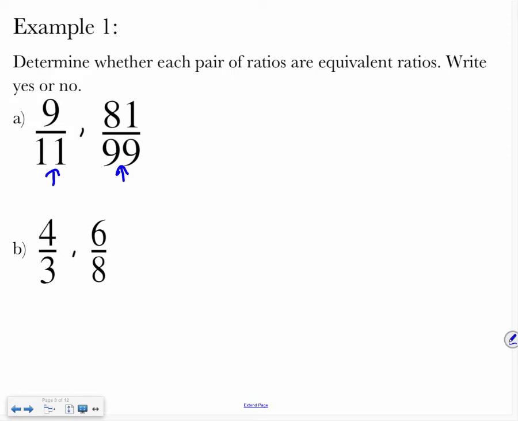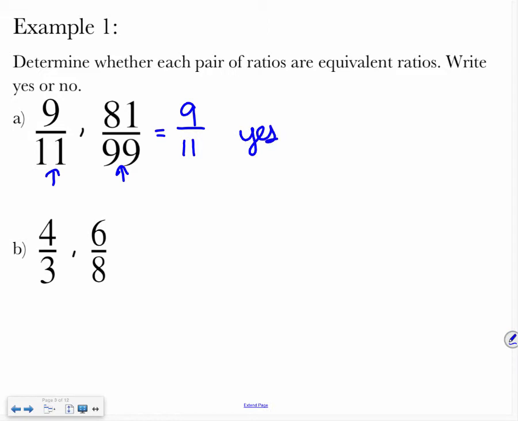Is 81 over 99 as reduced as it can be? No, because if I think about it, this has a common factor of 9. So if I divide 81 by 9, I have 9, and 99 divided by 9 is 11. So these two ratios are equivalent.